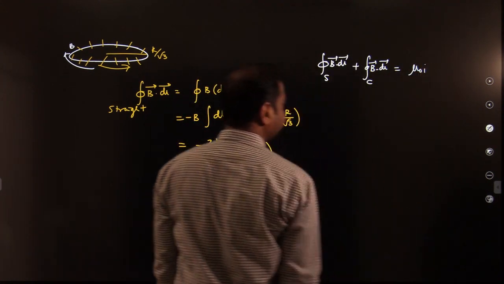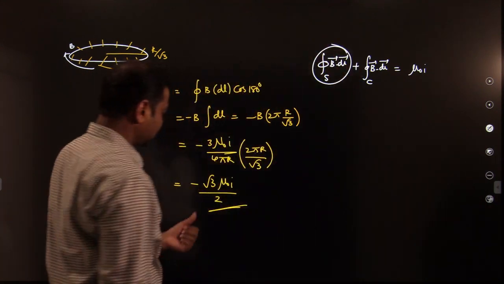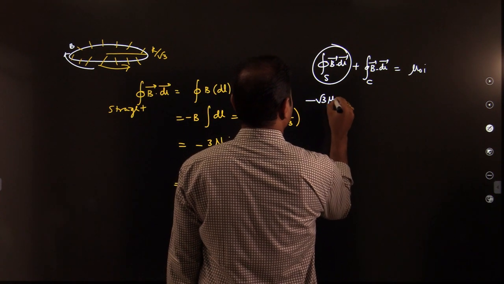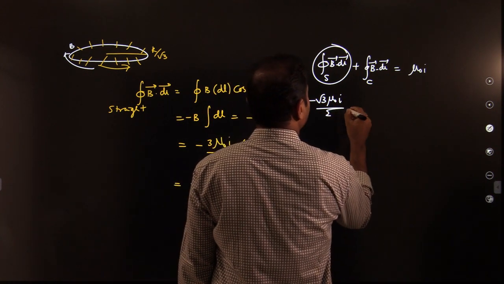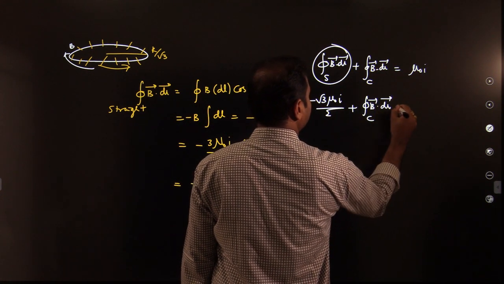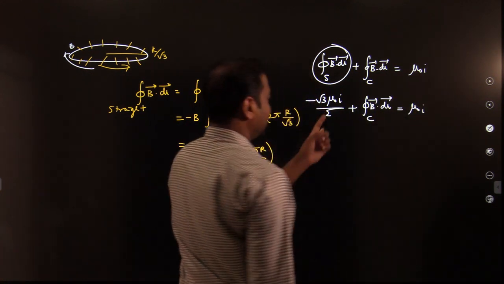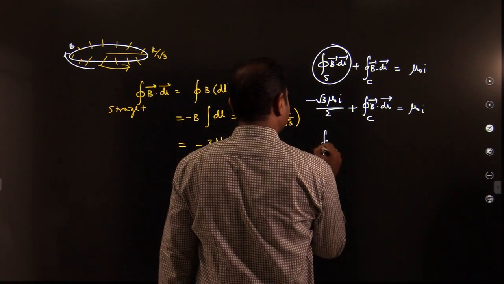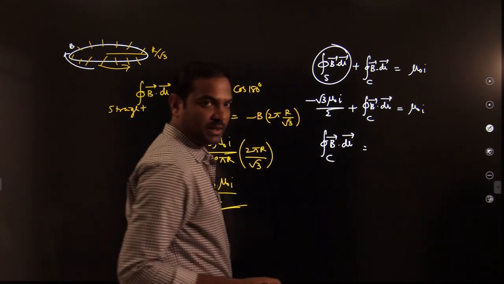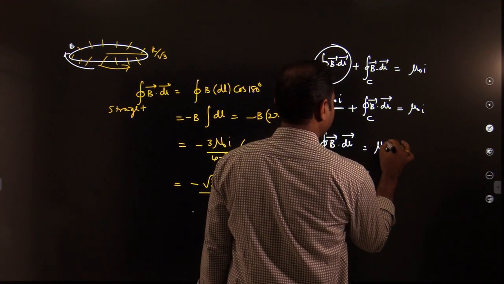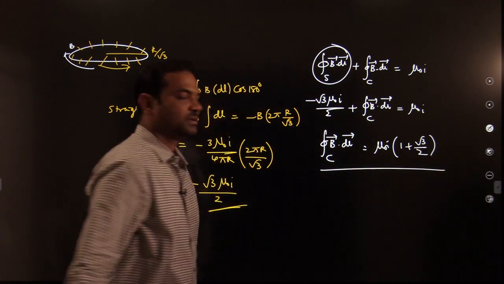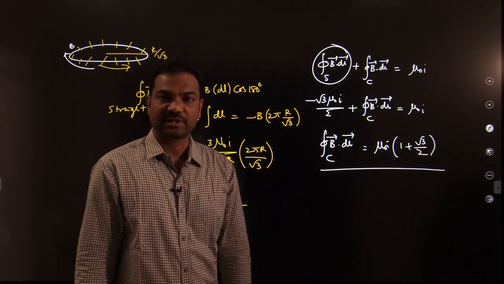Mu naught I. Due to the straight part, we know it is negative because it is opposite: minus root 3 mu naught I by 2 plus the required value, the integral of B dot dl due to the curved part, is equal to mu naught I. Now take this term to the other side, then you will get the integral of B dot dl due to the curved, semicircular part equal to mu naught I, taking common, 1 plus root 3 by 2. So this is the line integral due to the semicircular wire.